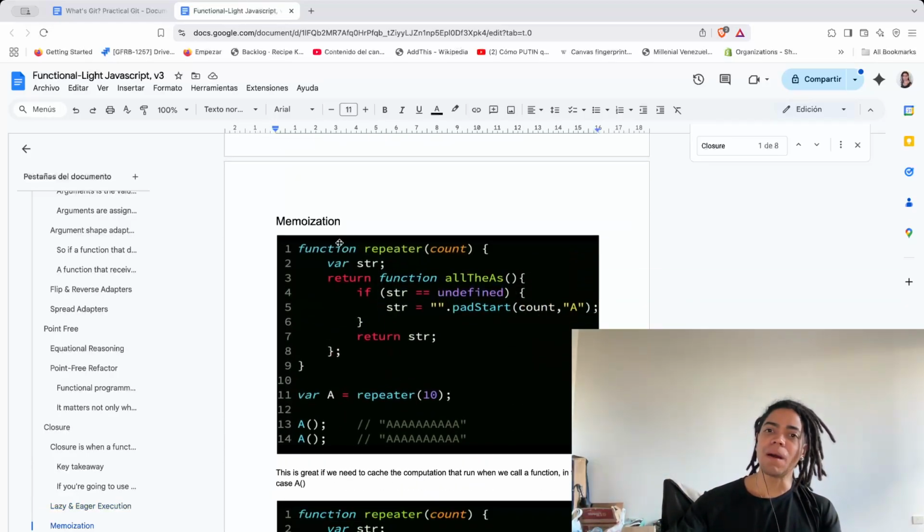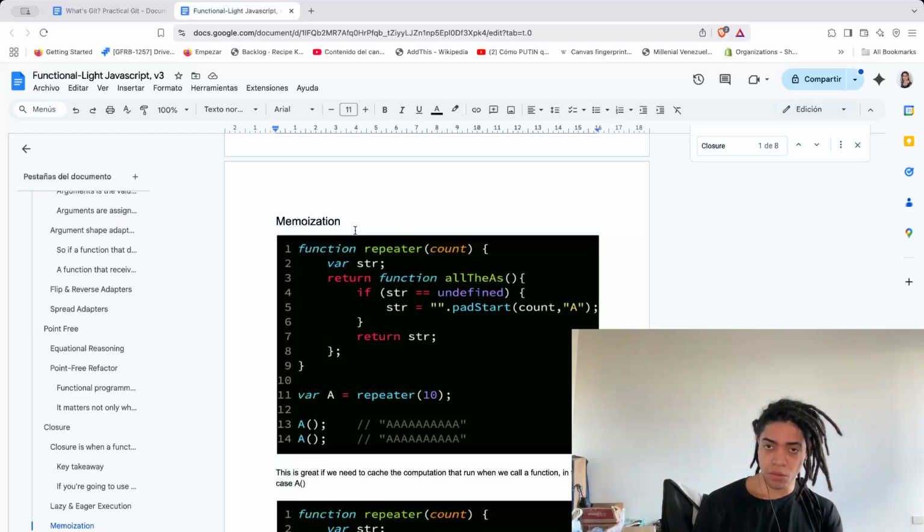And this is where memoization techniques come in. Memoization is a technique that React and all kinds of frameworks use behind the scenes. It's the way you can cache a computed value.